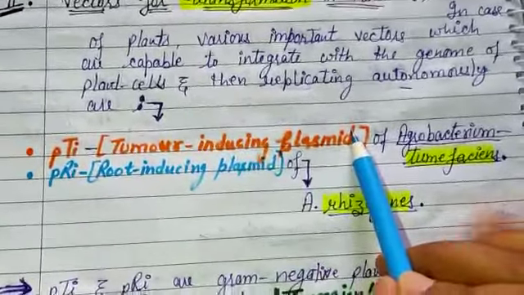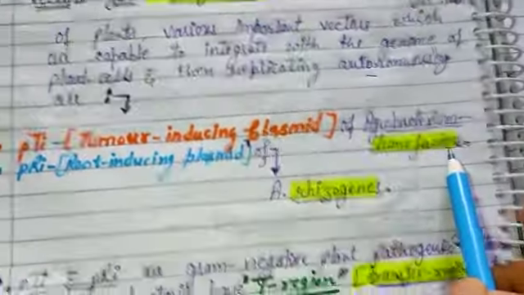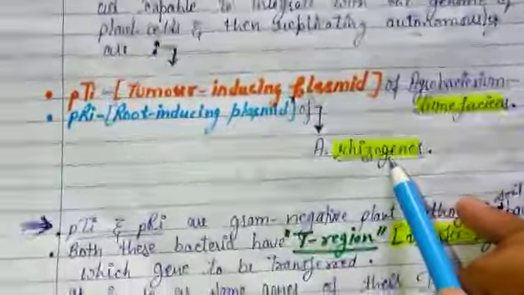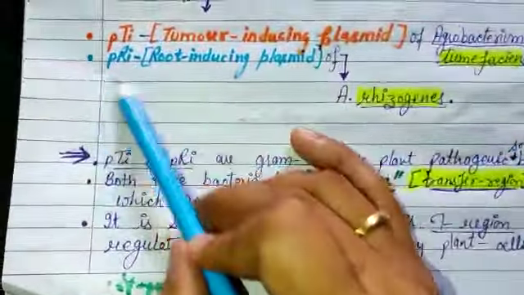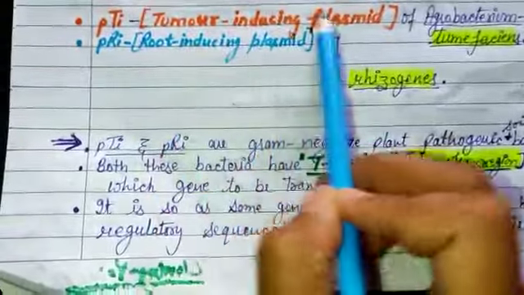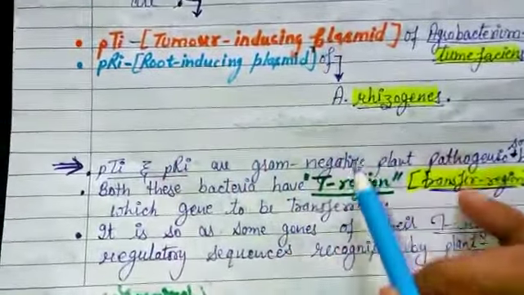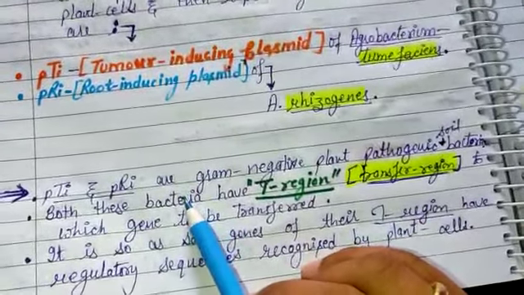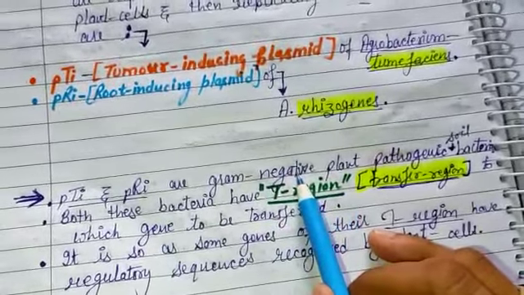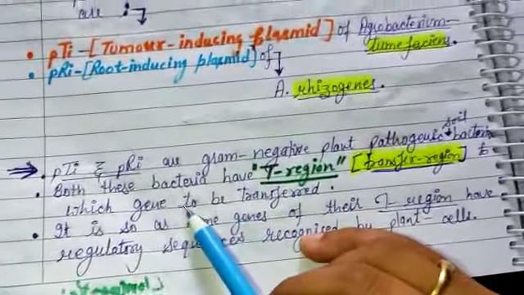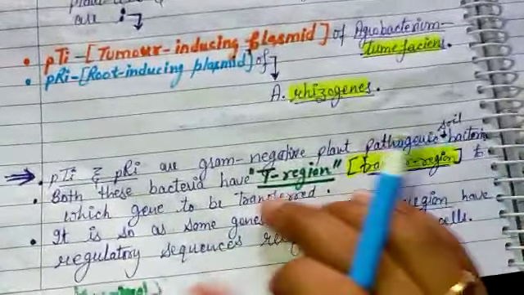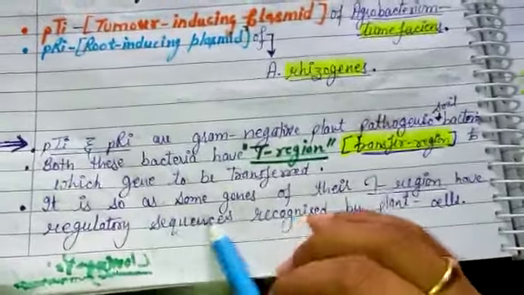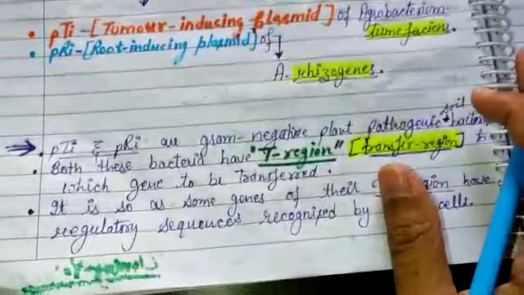The tumor inducing plasmid is of Agrobacterium tumefaciens, and the Ri plasmid is of Agrobacterium rhizogenes. Both are gram-negative plant pathogenic soil bacteria, and both have the T region, the transfer region of the target site to which the gene is to be transferred. Some genes of the T region have regulatory sequences recognized by the plant cells.